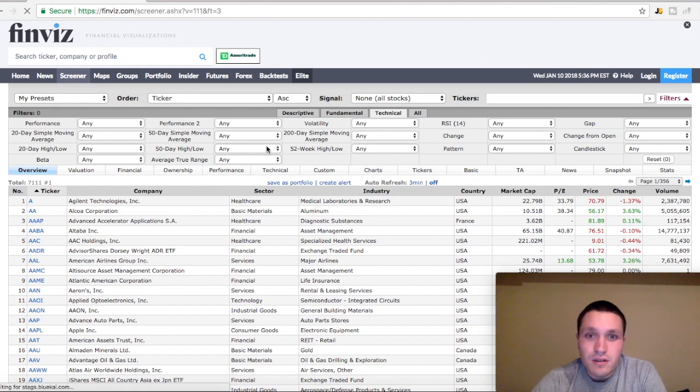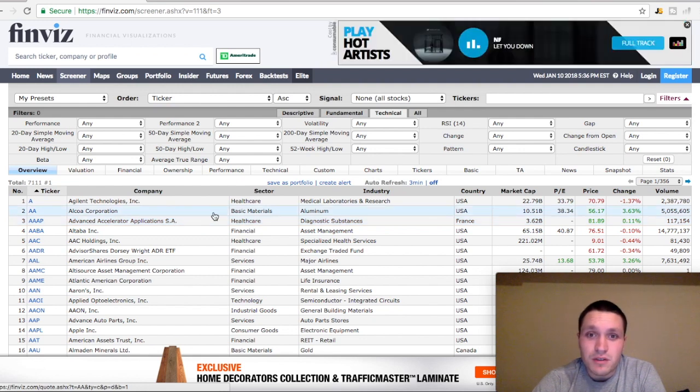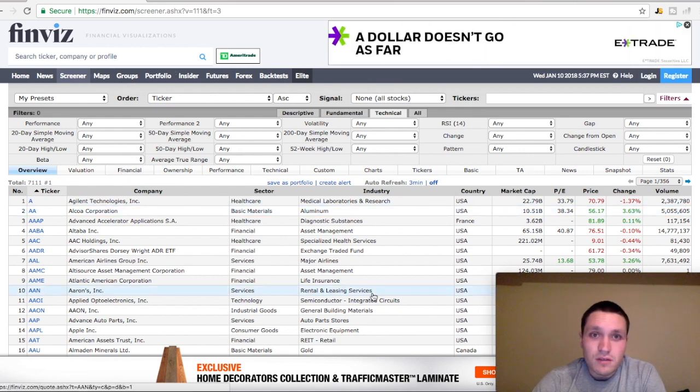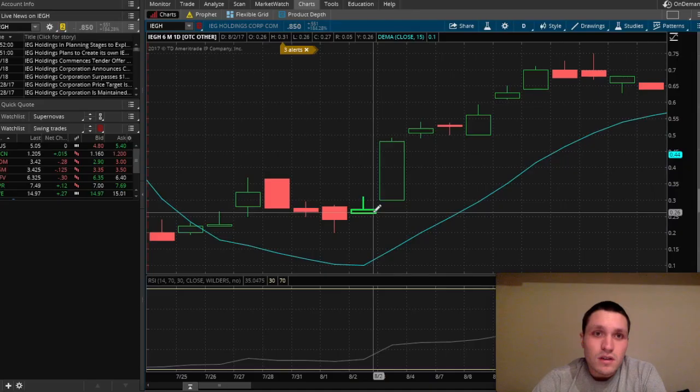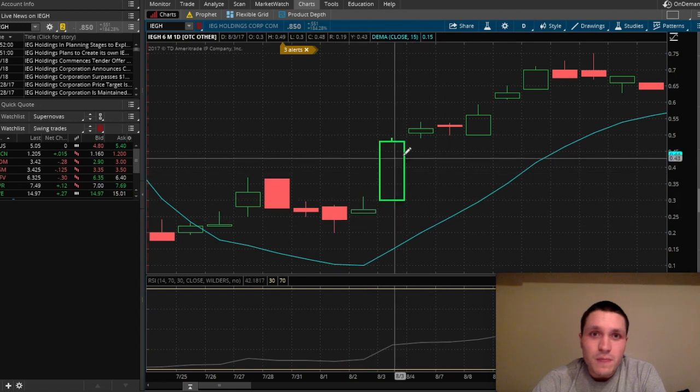Set up your screener, and it'll show you all the stocks you're looking for. I can make future videos on that, but there's a lot of different screeners that show if the RSI, relative strength index, is below a certain amount. That shows stocks are oversold, so a lot of swing traders like to buy into the oversold and then try to sell when they're overbought. You can't always take that to a T, though. There are always exceptions. So I hope that sums up a little bit of how a candle works.